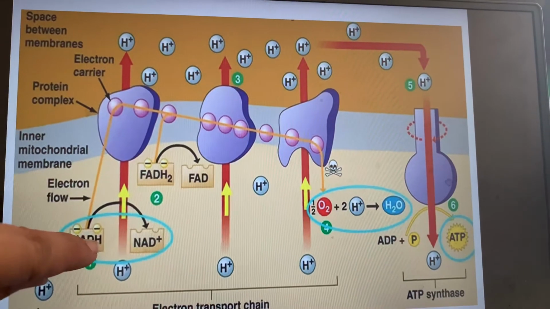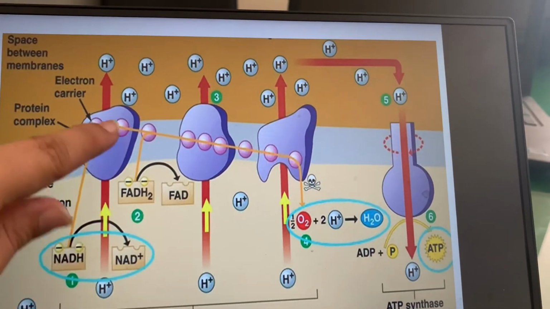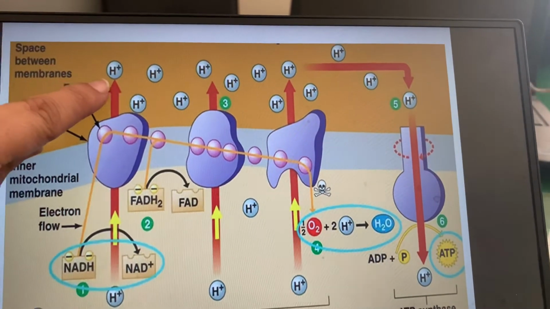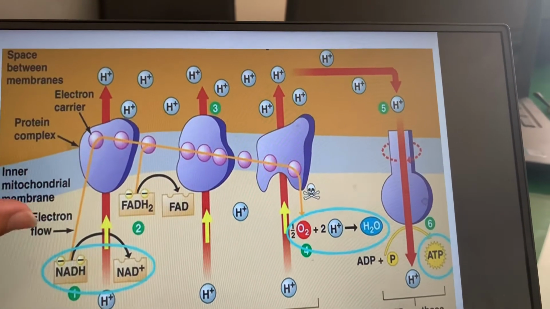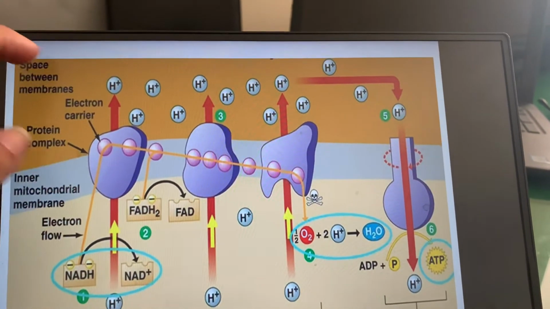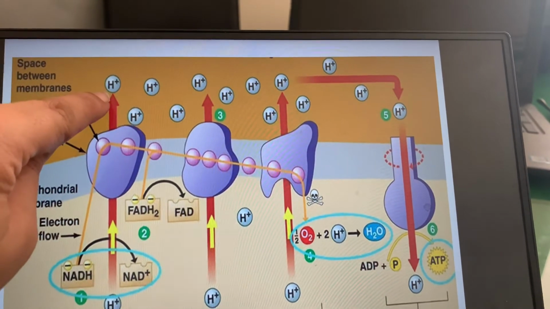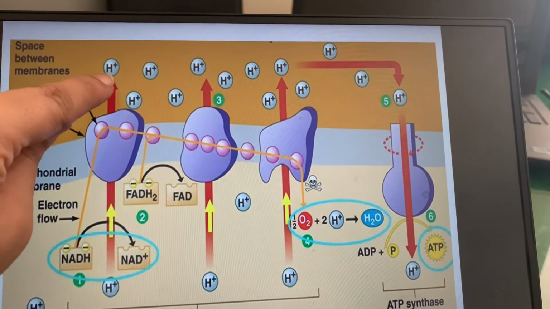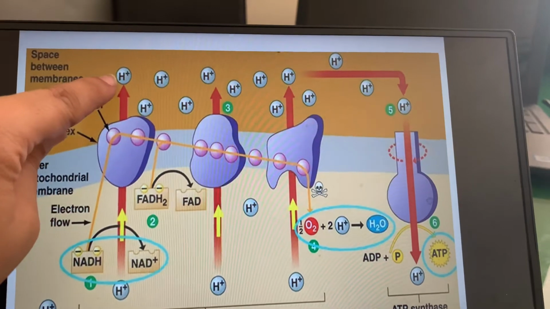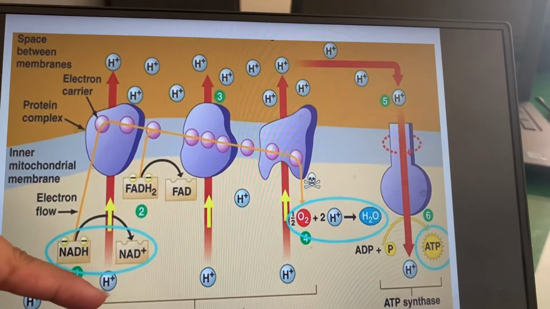Due to the electron flow, hydrogen is released and moves to the space between the inner mitochondrial membrane and the outer mitochondrial membrane. So there is production of H positive, more in the space between membranes than inside the mitochondrial matrix.